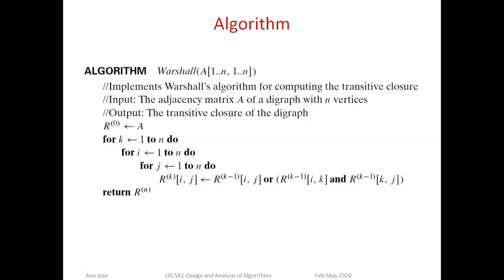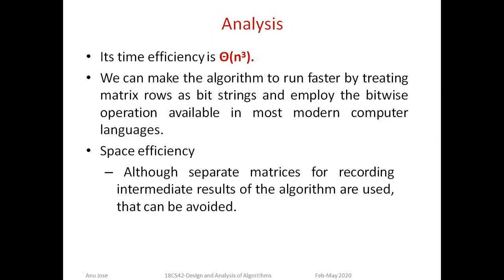How many loops are present in this algorithm? 3 loops, all varying from 1 to n. So the order of this algorithm will be order of n cube. We can implement bitwise operators in modern systems, so it will make the system faster for finding the transitive closure or path matrix for a larger graph.